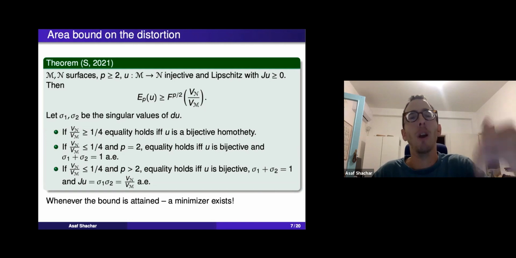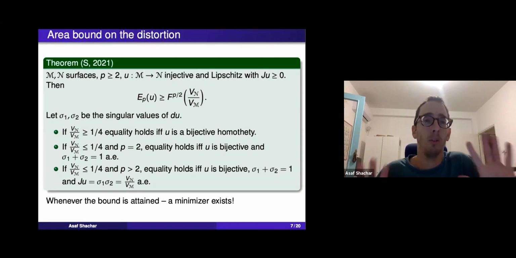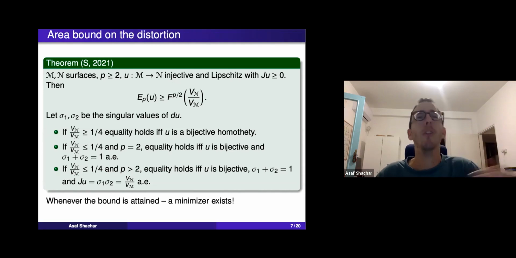And when the ratio of areas is less than quarter and the exponent is strictly greater than 2, then the maps U which attain the inequality satisfy that the sum of singular values is constant 1, and also the product of the singular values, the Jacobian, is also constant and must equal the ratio of areas. In other words, these are maps that have constant sum and constant product of singular values, so they just have constant singular values almost everywhere. So this is the characterization of the mappings attaining this bound.